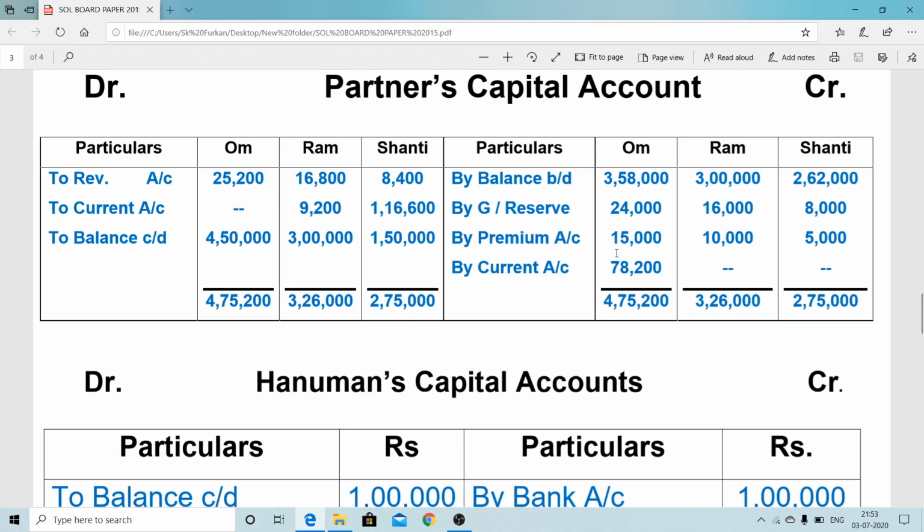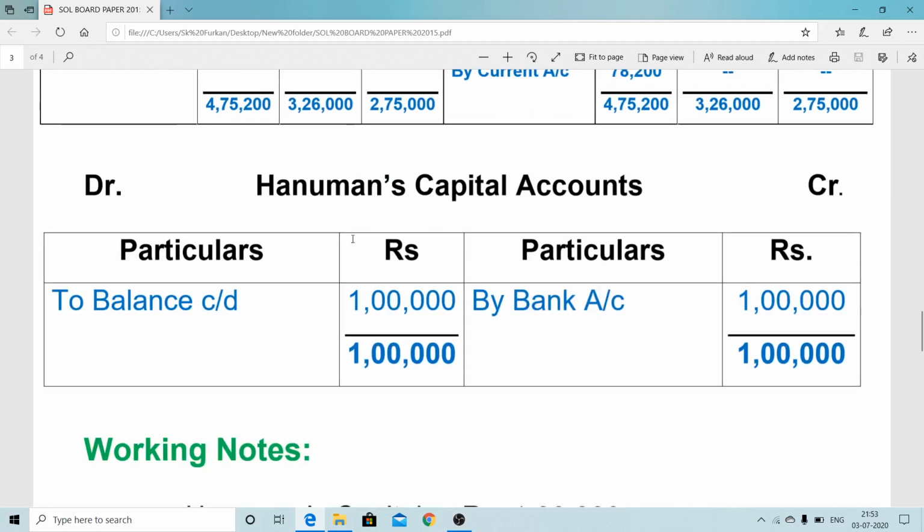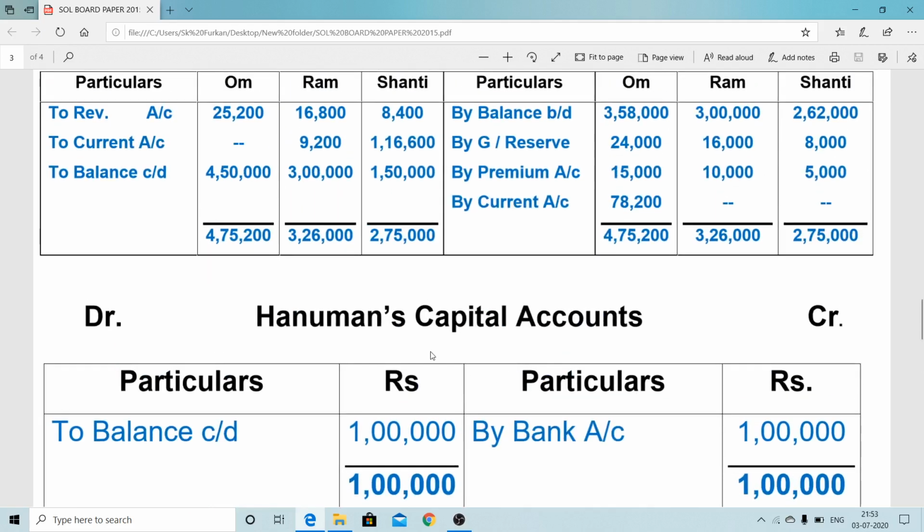So we are using the columnar method for all 3 partners, and a separate column for the incoming partner, that is Hanuman Capital. Hanuman Capital is a new partner, so there is less treatment in case of a new partner. Only for his capital contribution, 1 entry will be there, bank on debit to Hanuman Capital. So by bank 1 lakh, and that will be to balance c/d.